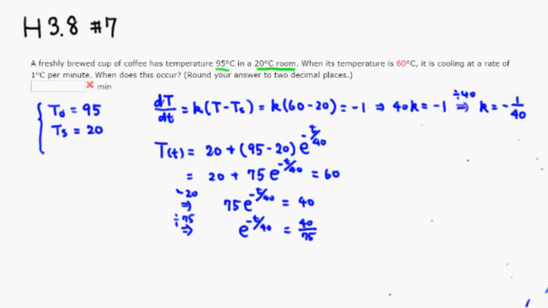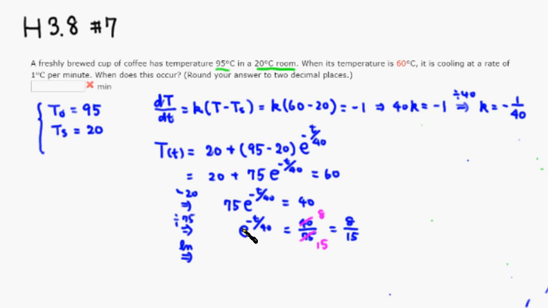That's a multiple of 5, so 5 times 8 would be 40, and 5 times 15 would be 75. So it's 8 over 15. We can solve for t by taking a natural log.